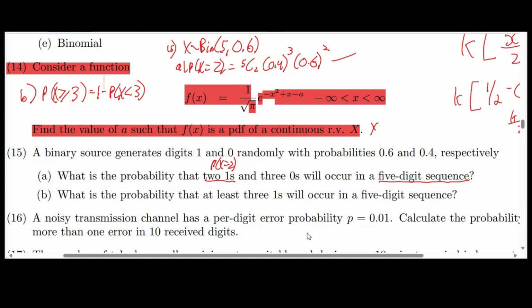So it will be 1 minus the probability X equal to 0, plus the probability X is equal to 1, plus the probability X is equal to 2. And these pieces, you know how to do already. You just rinse and repeat with the nCx q to the n minus x, p to the x equation, and calculate it. Remember, it's discrete, so it will have a value for each distinct point.